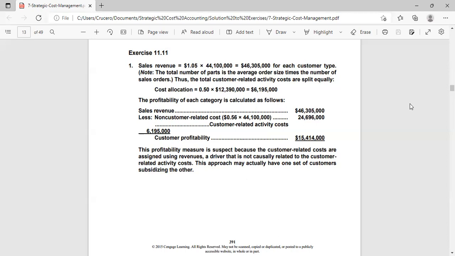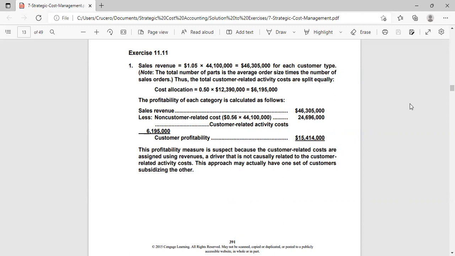The sales revenue of 46,305,000, and we have the non-customer-related cost that's given at an average unit cost of 56 cents. So we multiply by 44,100,000, the number of order sizes. So we get 24,696,000.